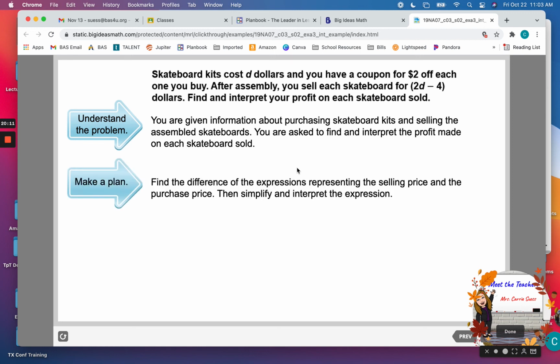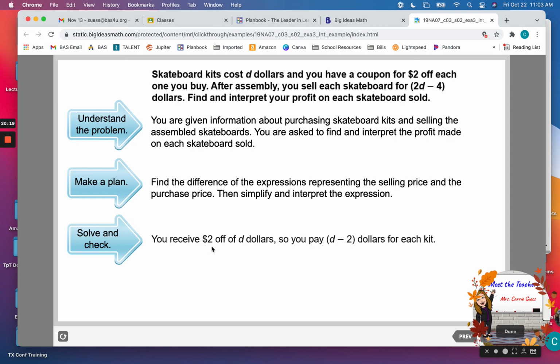So, we're going to find the difference between these two expressions, right? So we received $2 off of D, which I can write as D minus 2, yes? Up here it says $2 off of each one you buy, each skateboard kit.